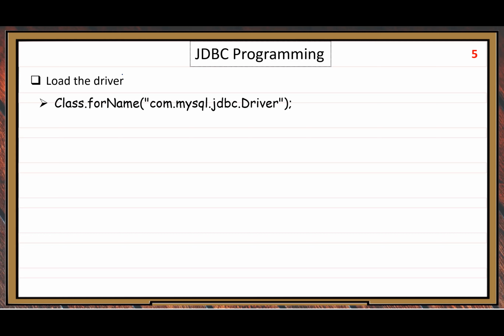Here we use the Class dot forName static method when we need to load a specific Java class into our current running environment, let's say the JVM, the Java virtual machine.